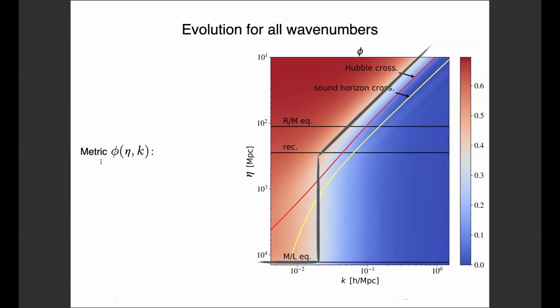If we would zoom in this small region, which is hardly visible, we would see that this is no longer true below the line of equality between matter and lambda. Below this line, phi decreases again on all scales. And you can understand it from the fact that during lambda domination, lambda is a species that contributes to the expansion of the universe, but not to local gravitational force because it's homogeneous.